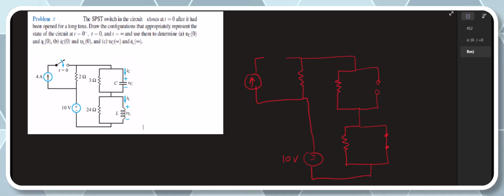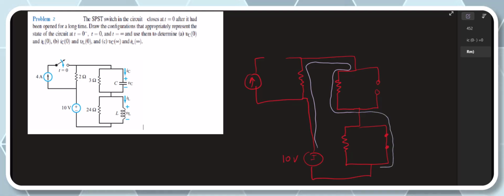So before t equals 0, the current flow is going to look like this. It'll go here, and then it'll all go through this resistor because the capacitor is open, and it will all go through the inductor because it's short.